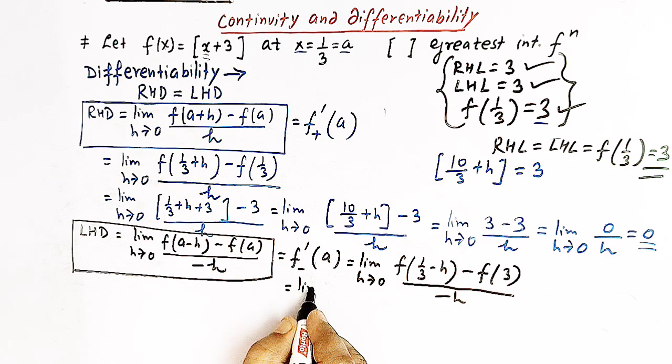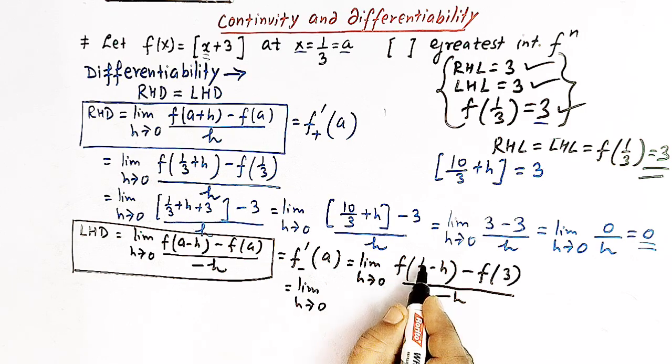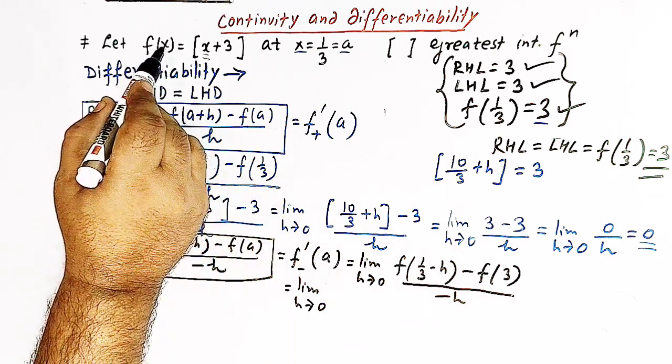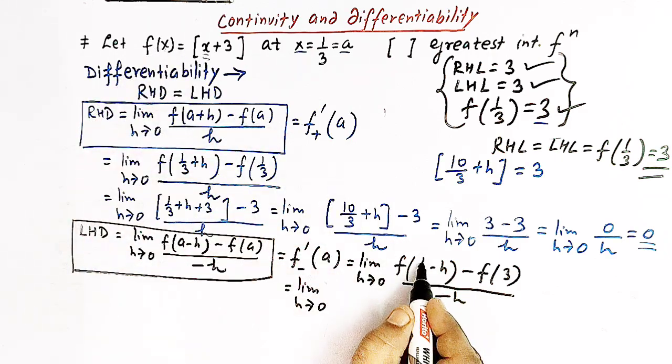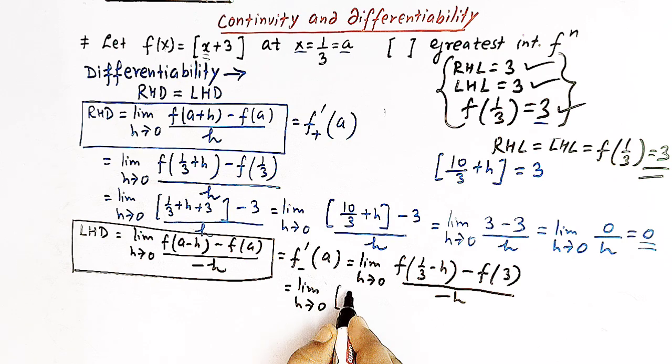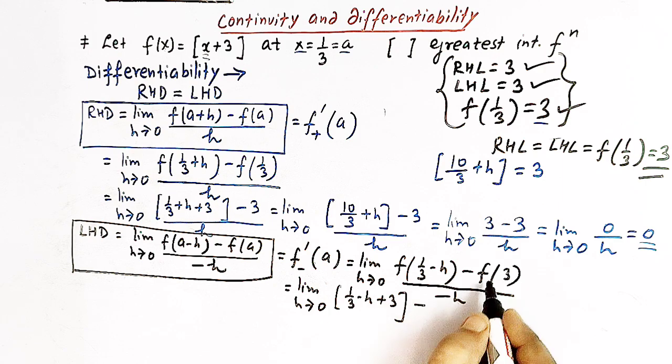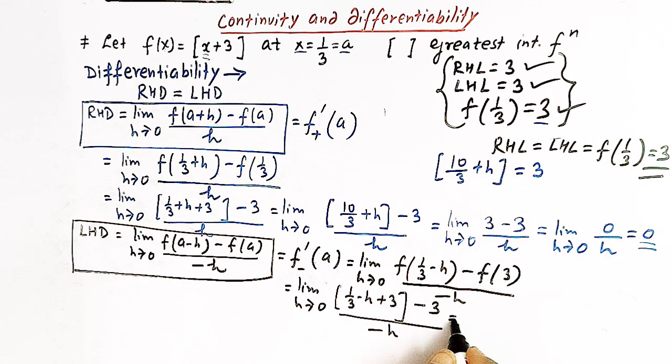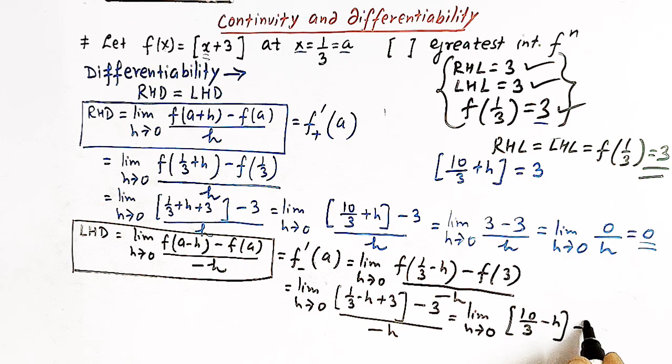So this is the limit h tends to 0. f of 1 over 3 minus h can be obtained by replacing x by 1 over 3 minus h. So we have the greatest integer of 1 over 3 minus h plus 3, and here f of 1 over 3 is equal to 3, divided by minus h. So we have the limit h tends to 0, and this is the greatest integer of 10 over 3 minus h, since 1 over 3 plus 3 is 10 over 3, and here we have 3, divided by minus h.